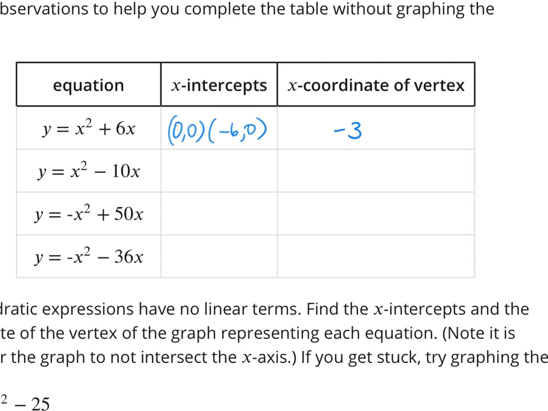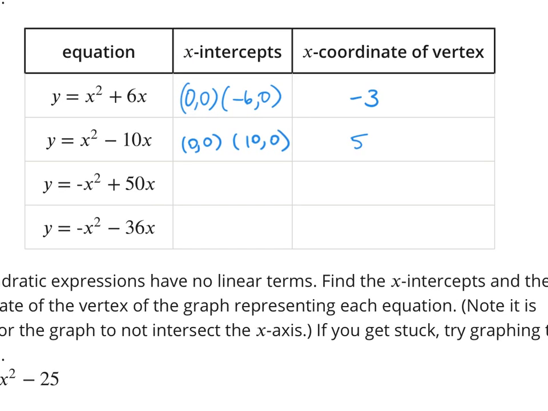Okay, for the next one, this one is going to show a shift down and to the right. So my x-intercepts are 0, 0 and 10, 0. To find my x-coordinate of the vertex, just go halfway between 0 and 10, which is positive 5. All right, when I add a positive to a negative quadratic term, I am going to end up with a shift to the right.